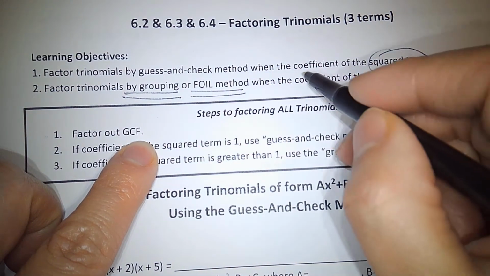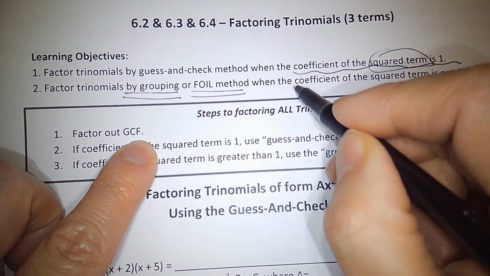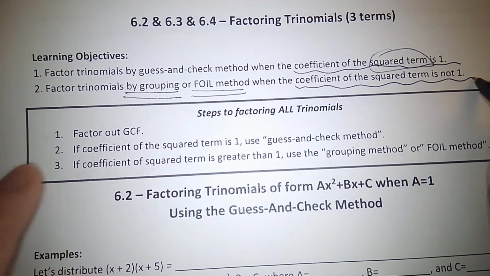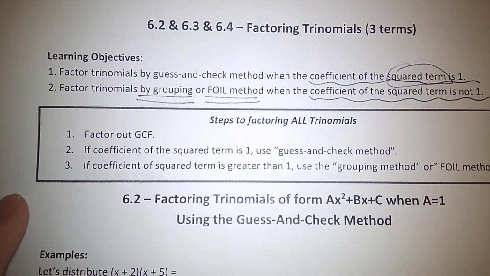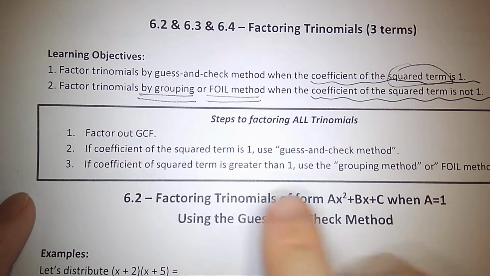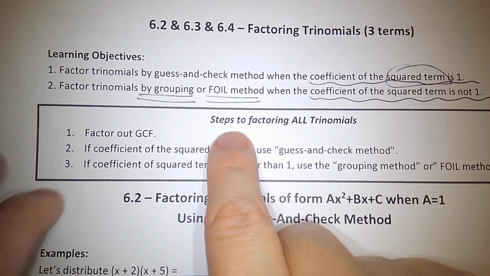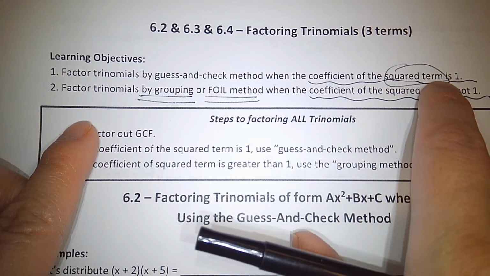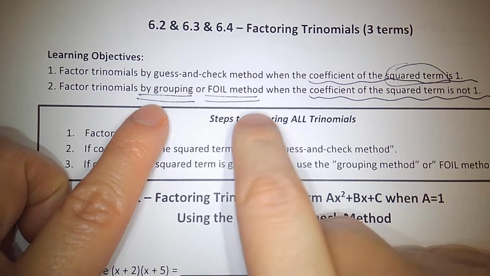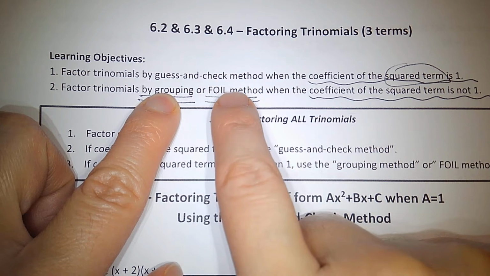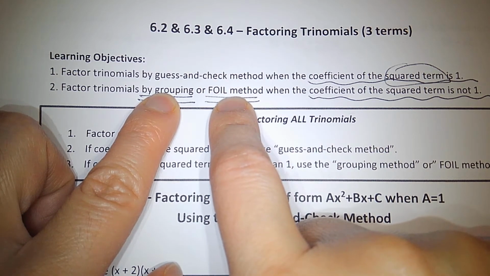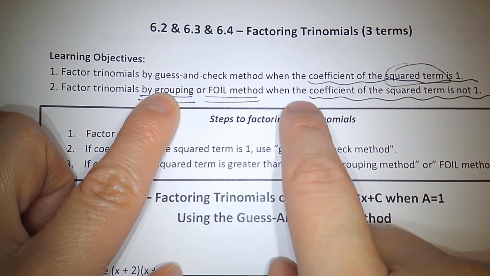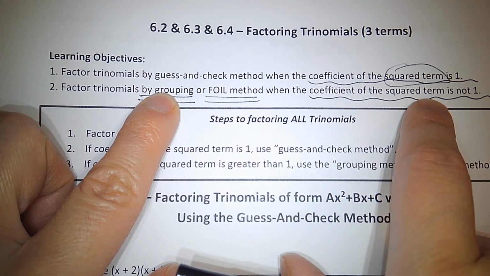So the coefficient of the square term is 1, or the coefficient of the square term is not 1, okay? So section 6.2 will focus on factoring what? Trinomials with the coefficient of the square term 1, okay? And then in sections 6.3 and 6.4 we'll do what? Factoring trinomials with the coefficient of the square term not 1, okay?